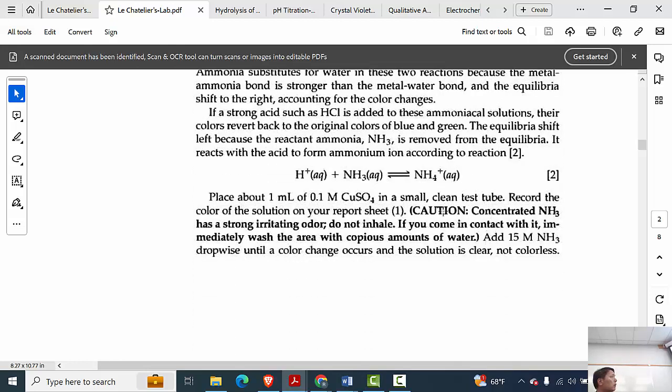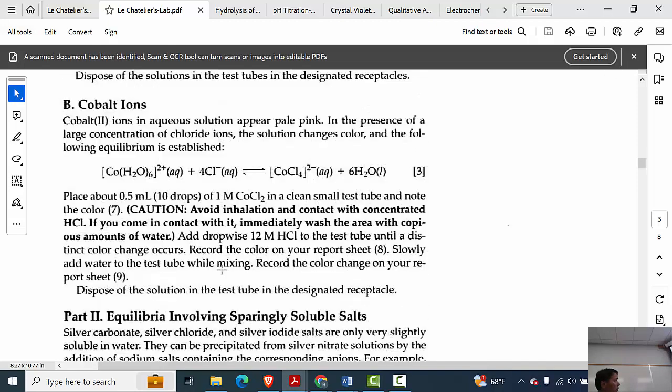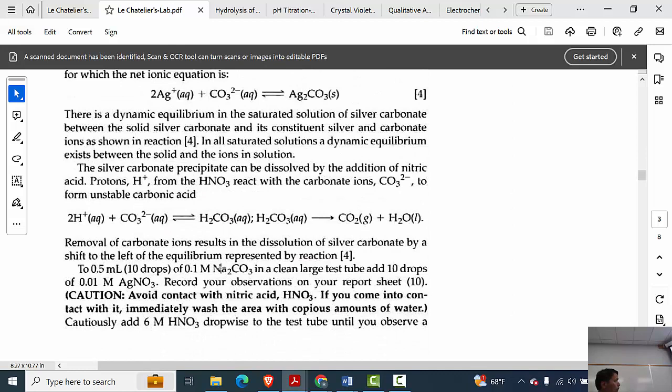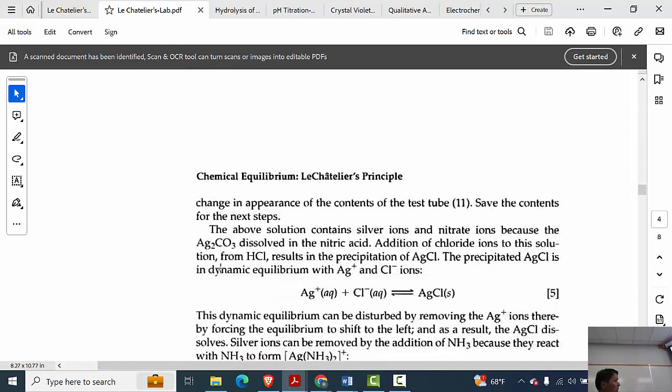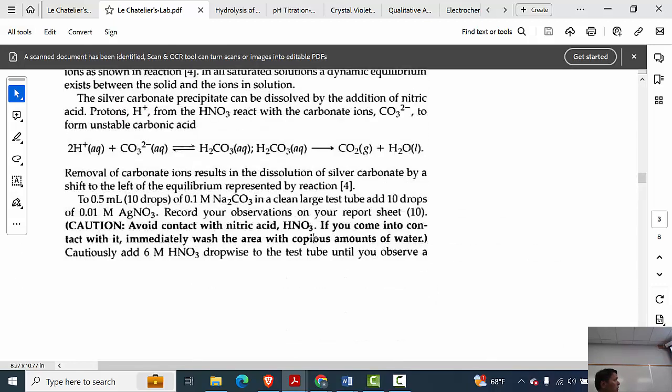Okay, here. It says record the color of the solution on your report sheet, 1. Must be line 1. Record your observation on the report sheet, line 2. Note the color, line 3. Line 4. Oh, here's 11. So we must back up to 10 here.